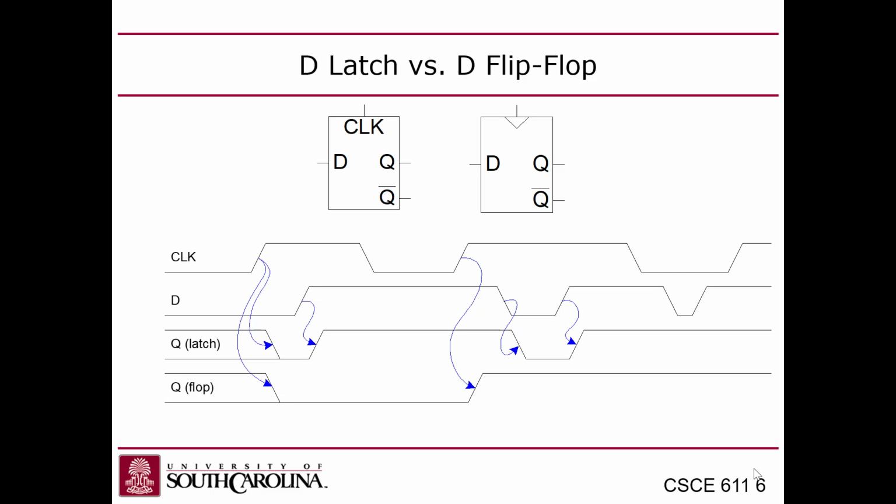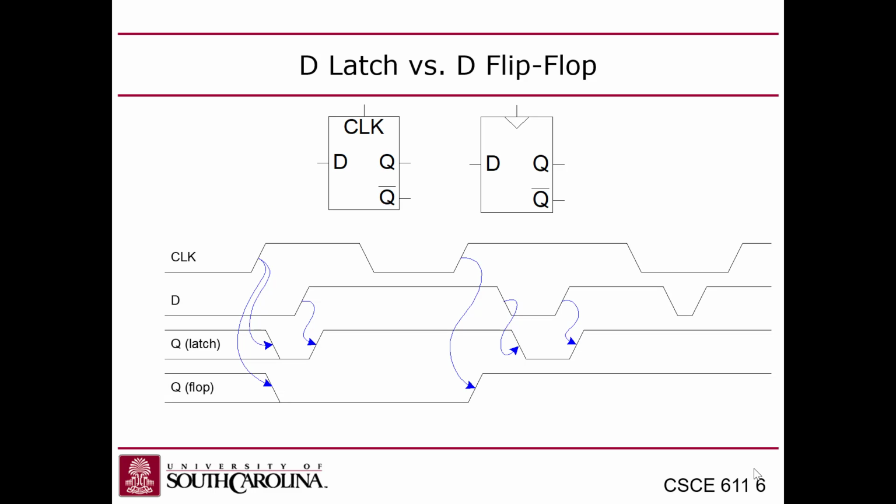So these are level sensitive, the latch. The flip-flop, on the other hand, uses the edge of the clock. I like to think of a flip-flop like a camera, where whenever you have a rising edge, or it could be a falling edge, depending on how you design the flip-flop, but in this case it's a rising edge active flip-flop.